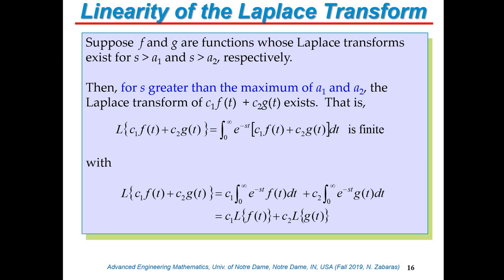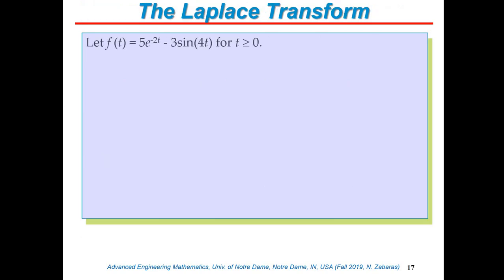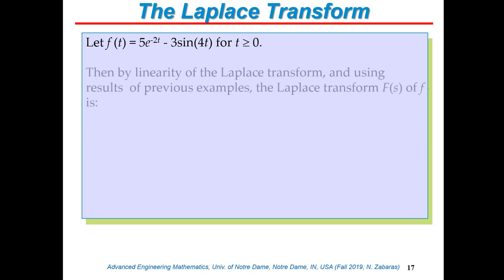So the Laplace transform behaves linearly, and of course this is a useful statement to use in calculating, for example, the Laplace transform of this function that you see here. So you have two combinations here of e to the minus 2t and sine of 4t.